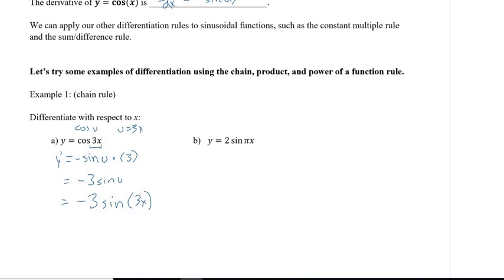Let's try another one. So now we have 2 times sine of pi x. And just so we're clear, we have pi x inside the brackets. Oftentimes with these, the inside function is going to be the part that's inside the trigonometric function. So in this case, let's say the inside, we're going to call it u, is u equals pi x.